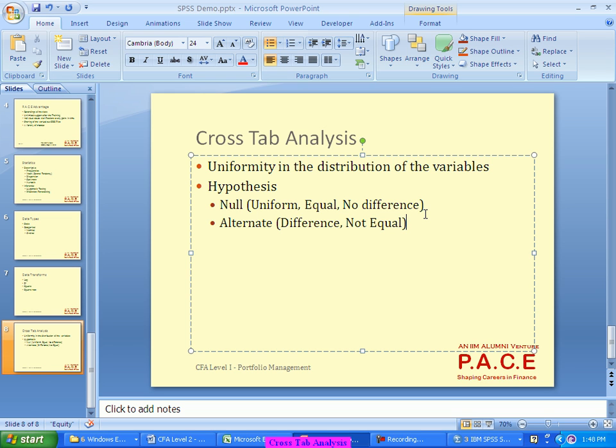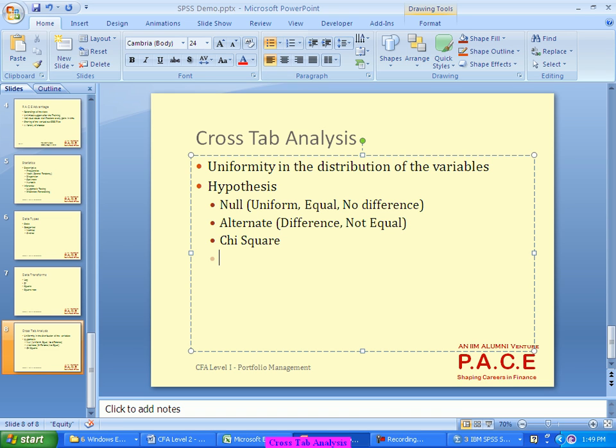I start with a basic premise: there is no difference. Now I need to have some kind of mechanism which says no, there is a difference. And that particular test, at least in this example, when I have to compare two nominal or ordinal variables, is what I call a chi-square test.